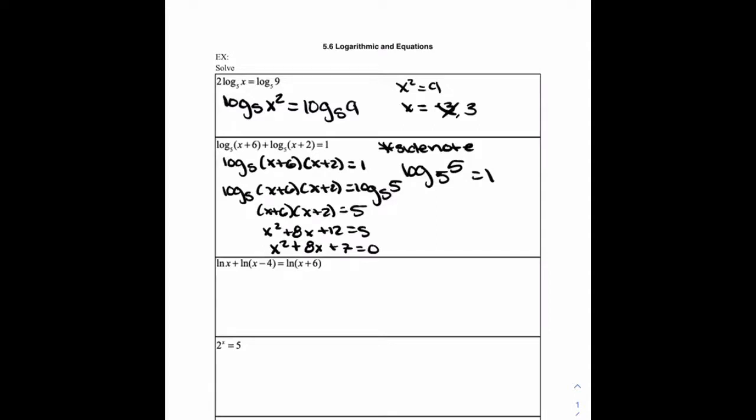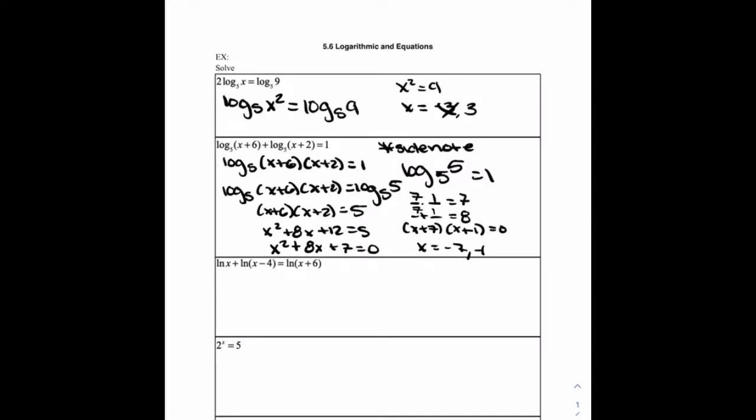And then I'm going to factor and solve. So I need 2 numbers that multiply to 7 and add to 8. That's 7 and 1. So x plus 7 times x plus 1 equals 0. So x equals negative 7 and x equals negative 1.